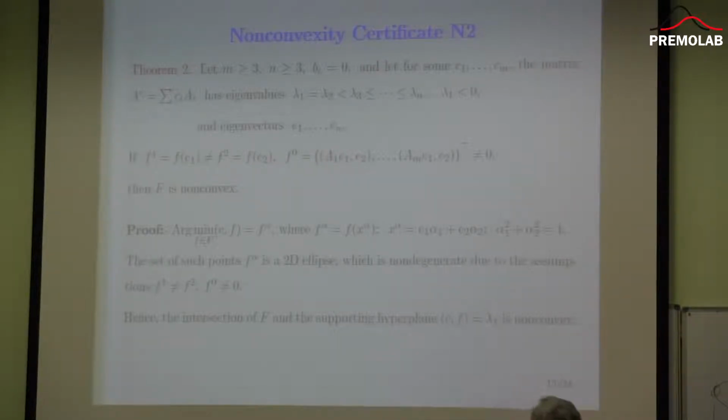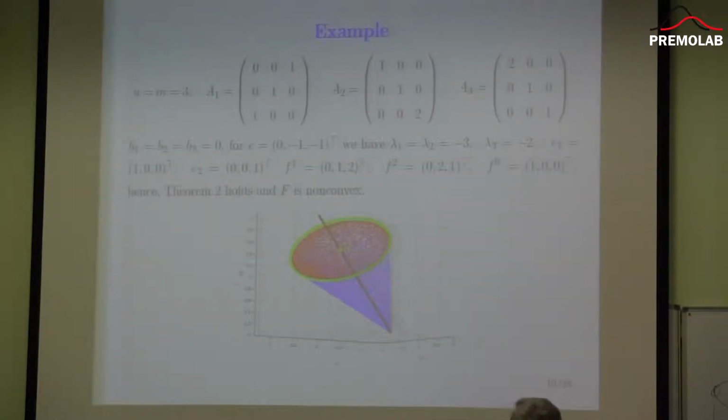Okay. And here is a very simple example. The dimensions are 3, n and m. You see these matrices. And this is the image. So it is exactly the case.